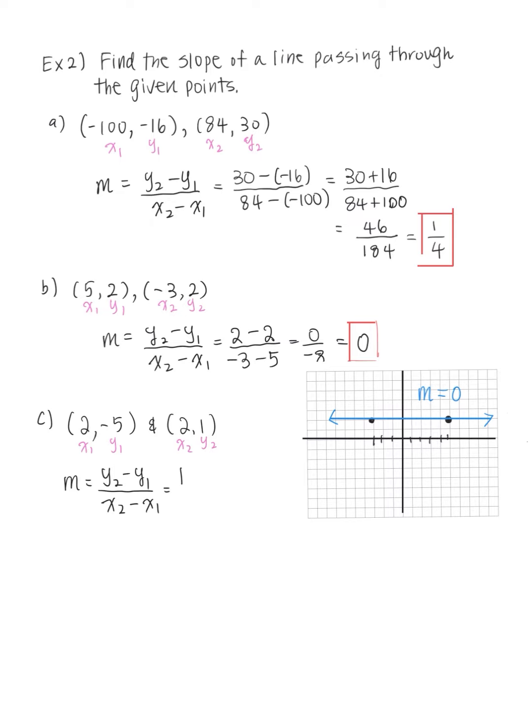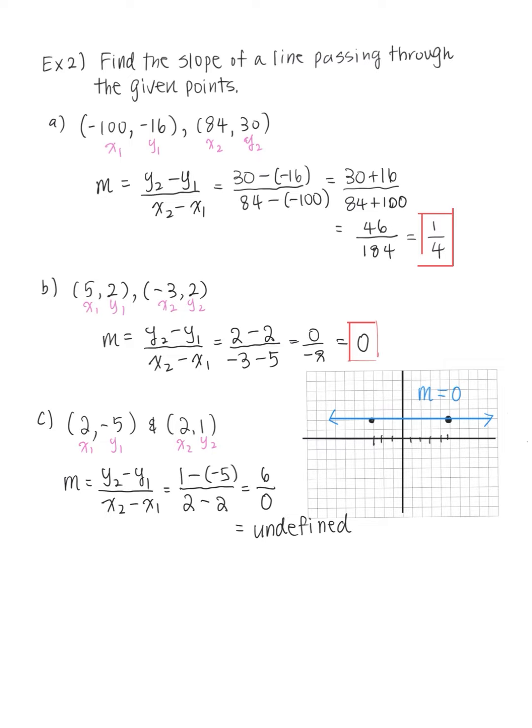So y2 is 1, and then minus y1 is negative 5, and then the whole thing is divided by 2 minus 2. So the top becomes 6, and the bottom becomes, oh no, the bottom becomes 0. So in this case, your slope is going to be undefined.